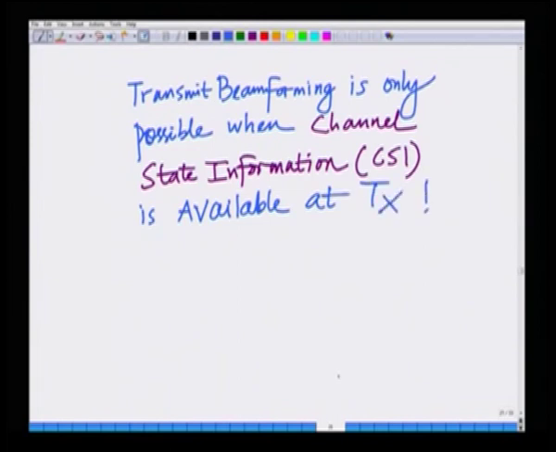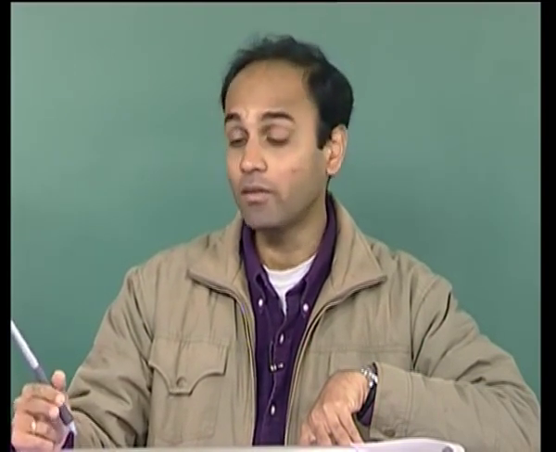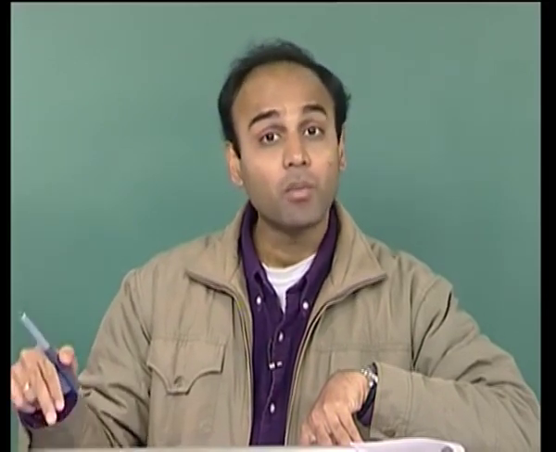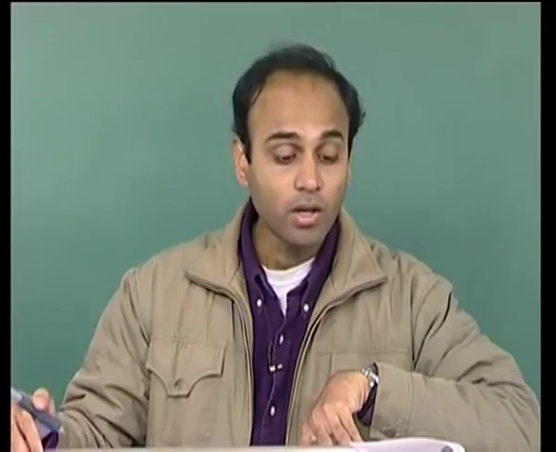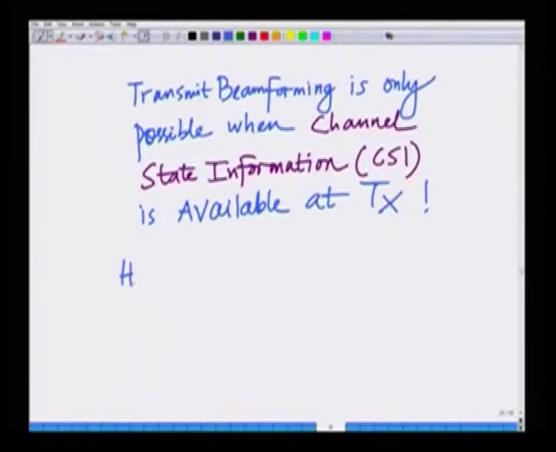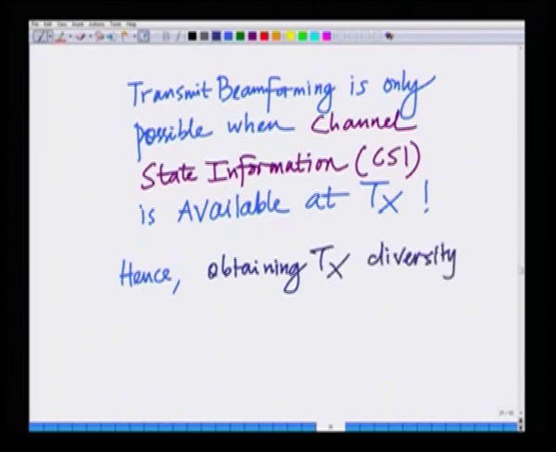So, this is not always possible, and obtaining channel state information at the transmitter is much more difficult than channel state information at the receiver. That is why MRC, maximal ratio combining, is possible at the receiver. However, this scheme, maximal ratio transmission, performed at the transmitter is much more difficult.